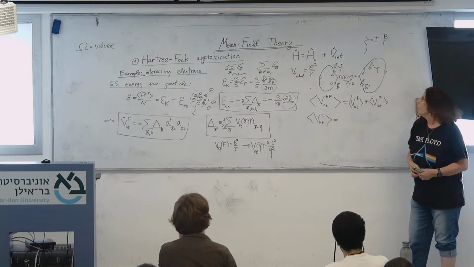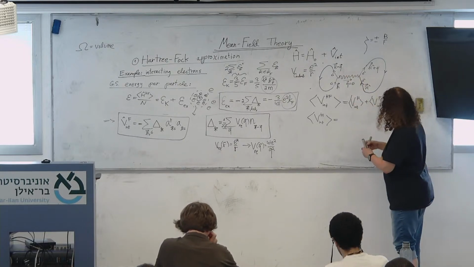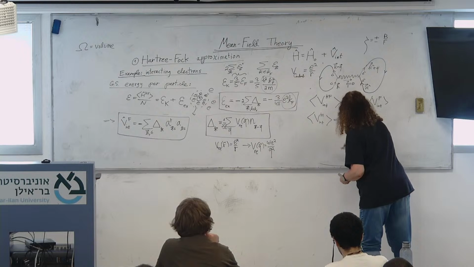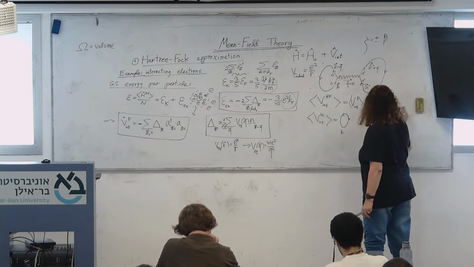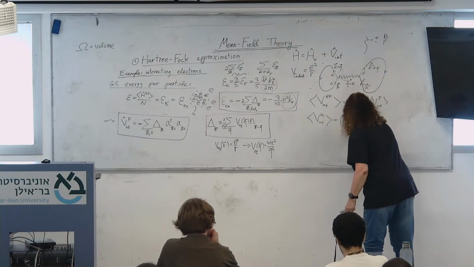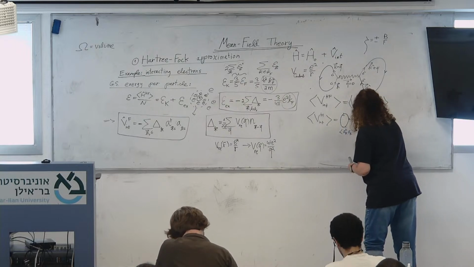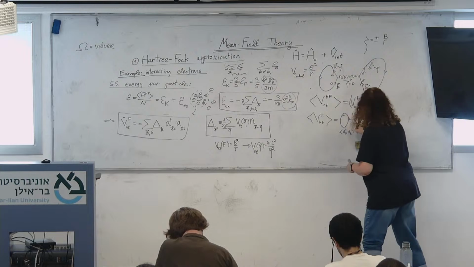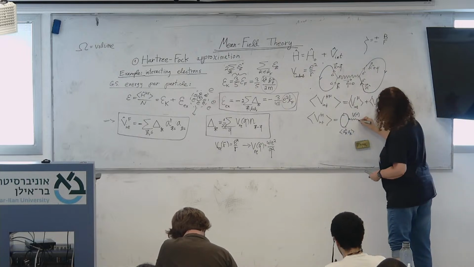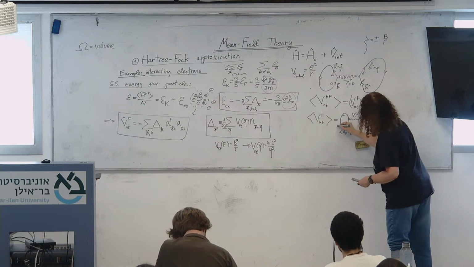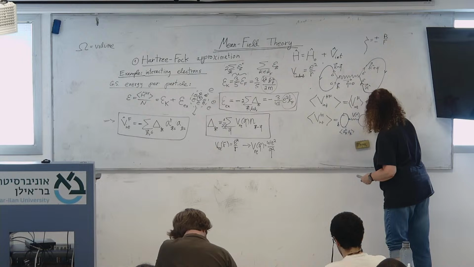Okay? So let me draw the result. The result will look like this. There will be a closed loop with K, which corresponds to the expectation value of AK dagger AK. Then there is a V of 0. That's the wiggly line. It's a number, and then there's another loop, and here there's K, and here there's K prime.